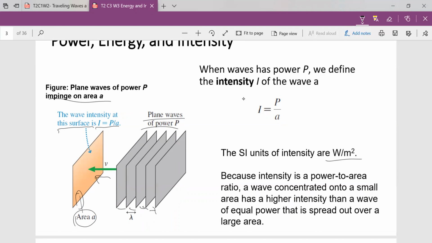Because the intensity is the power to area ratio, a wave concentrated onto a small area has a higher intensity than a wave of equal power that is spread out over a large area. It's like lighting up your small room with a 9-watt energy saving bulb, and then you take the same bulb to a bigger room like your parlor.